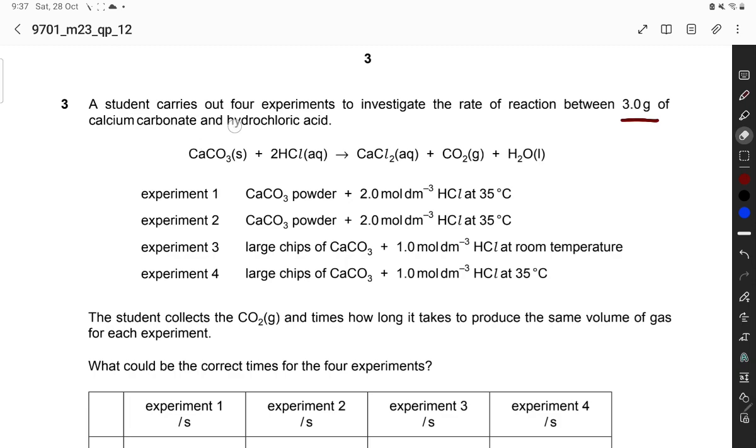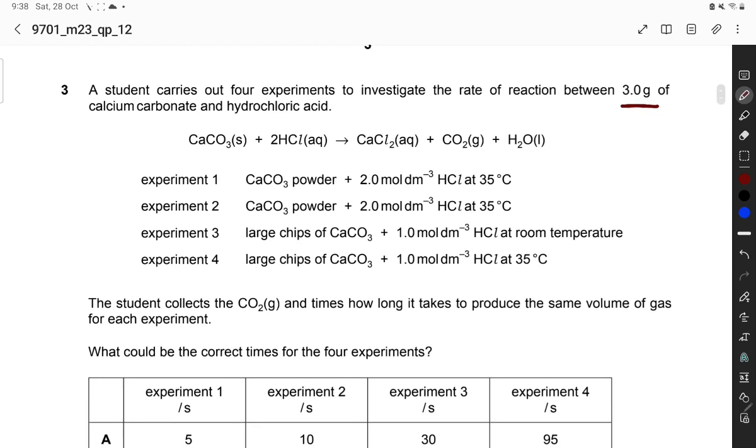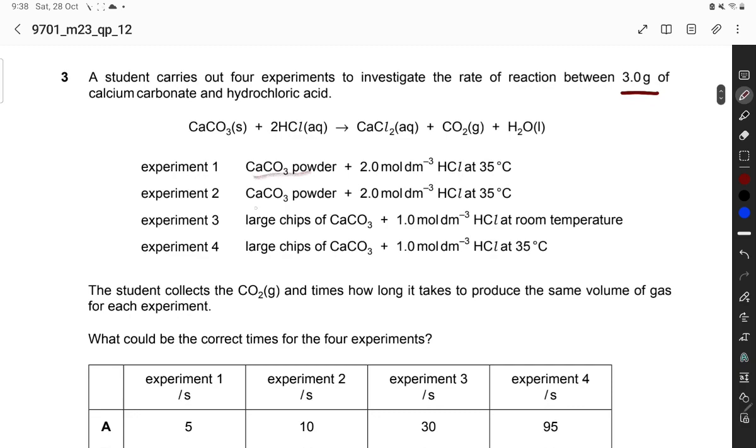Question number 3. A student carries out four experiments to investigate the rate of reaction between 3 gram of calcium carbonate and hydrochloric acid. Calcium carbonate and hydrochloric acid form calcium chloride plus carbon dioxide and water. Experiment 1, calcium carbonate powder, 2 mole, and the temperature is the same.